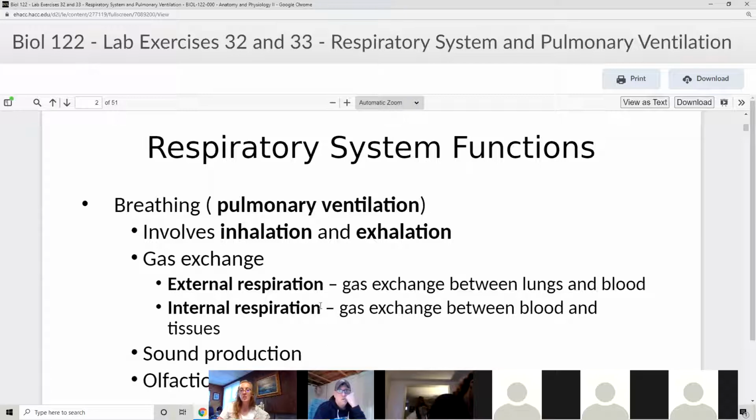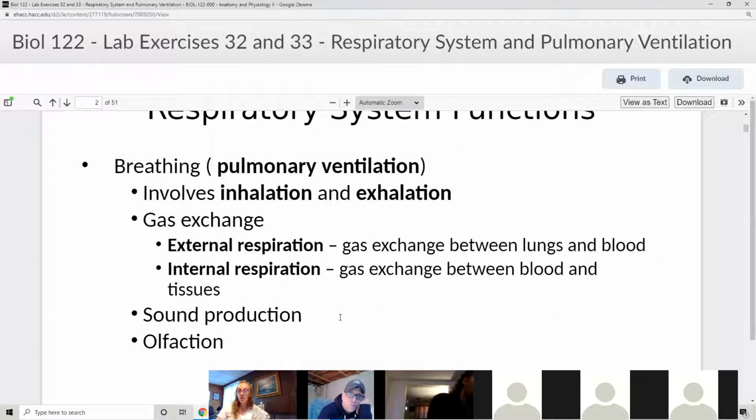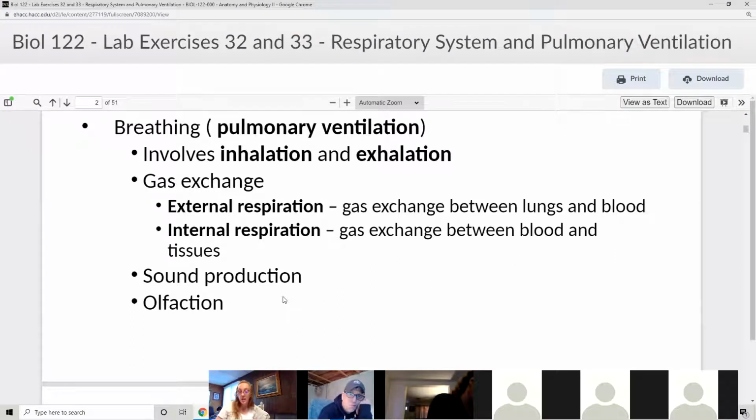Immediately, it's going to affect external respiration. It's going to affect internal respiration next, just by a trickle-down effect. So external respiration, gas exchange between the lungs and the blood. Internal respiration, gas exchange between the blood and the other interstitial tissues. Sound production and olfaction.